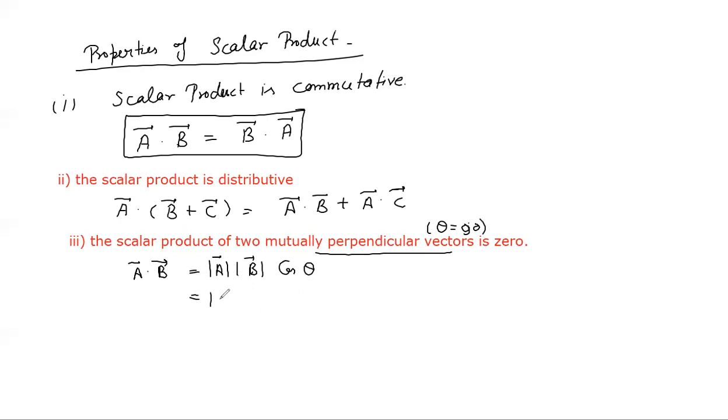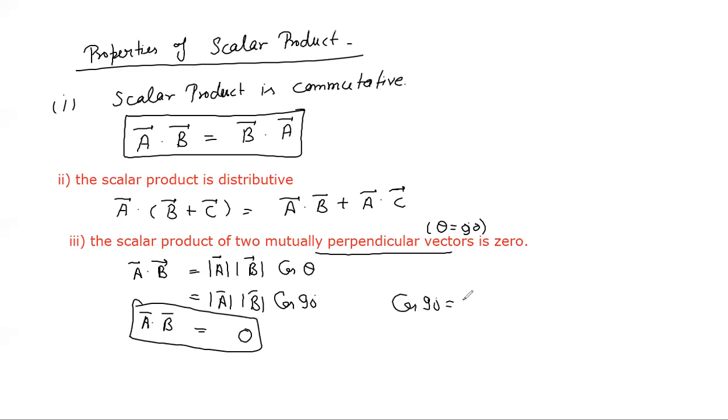So mod A, mod B, cos 90. And what is the value of cos 90? That is 0. So A dot B equal to 0. So third property is clear to all of you. Cos 90 equal to 0.